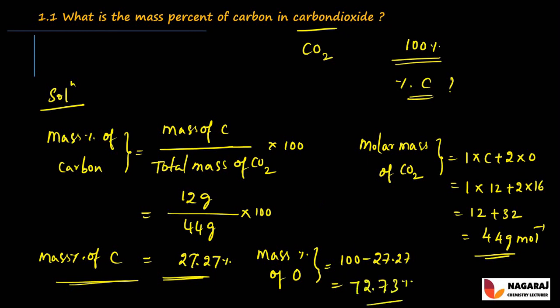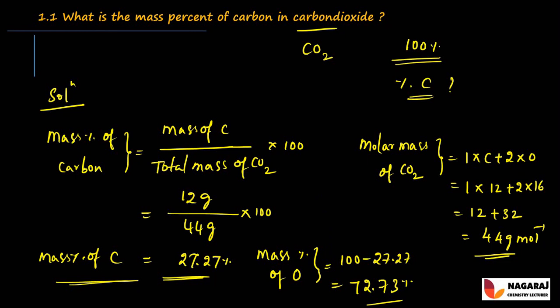That is, out of 100%, the mass percentage of carbon is 27.27% and the mass percentage of oxygen is 72.73%. So this is one method to calculate the mass percentage of the elements present in the compound.